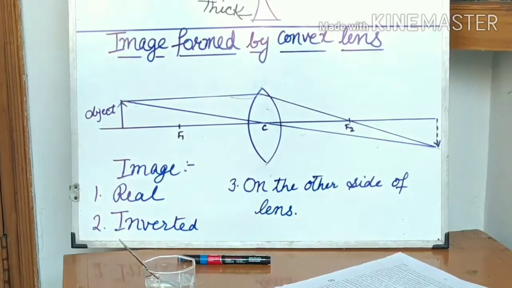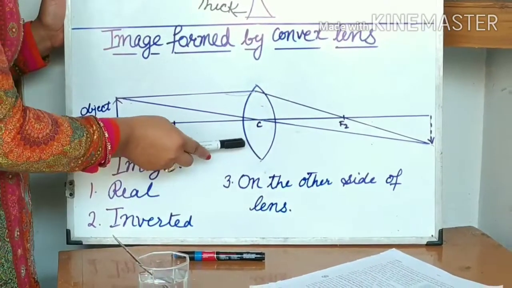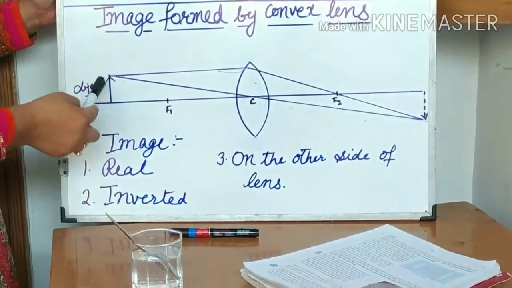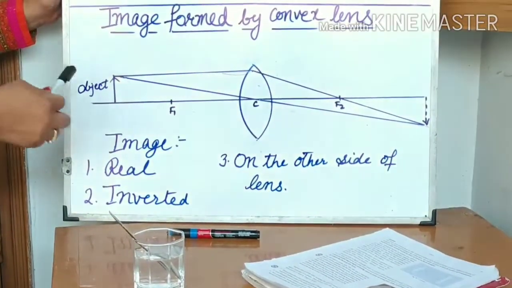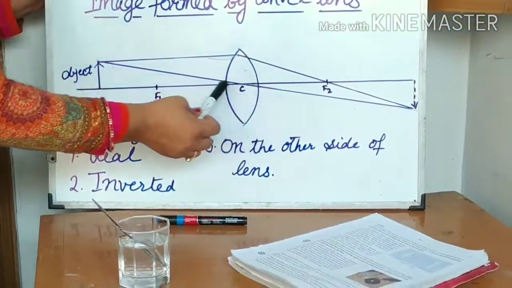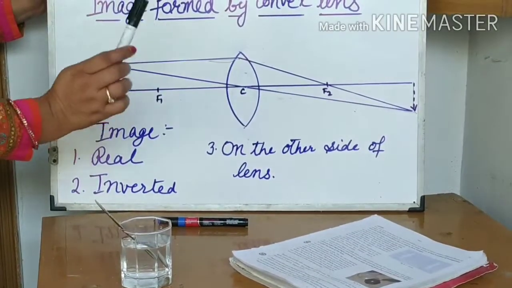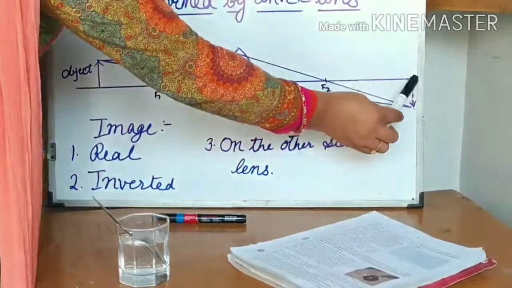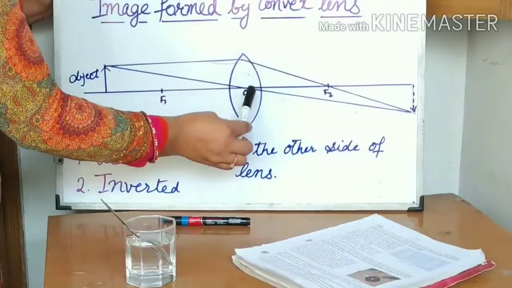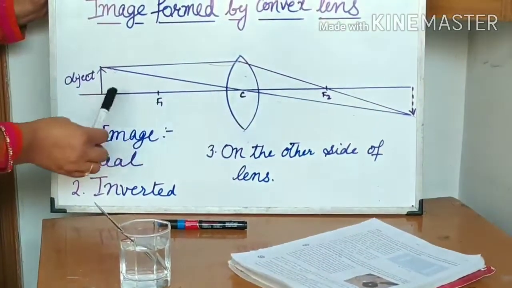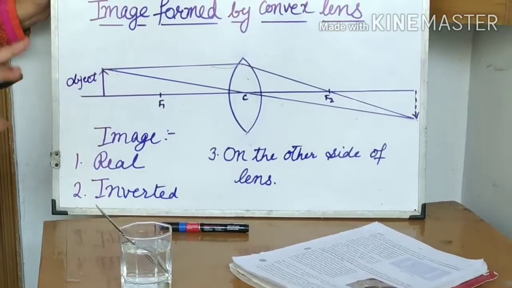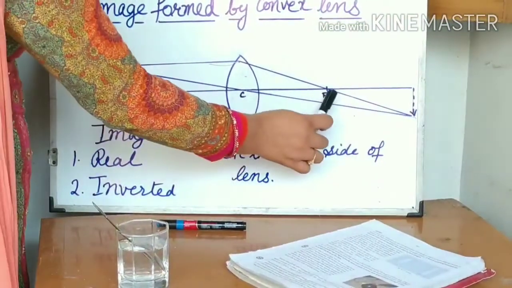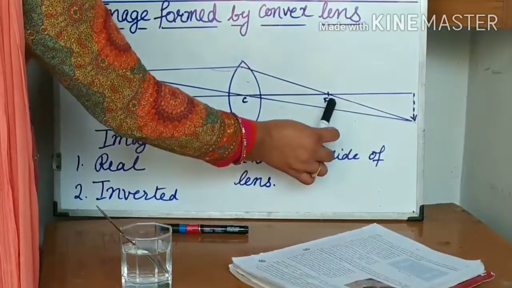Now we will see the images formed by a convex lens. Now let's see. I have taken a convex lens here and there is one object. Now we are taking two rays. The first ray we always take parallel to the principal axis. See here, it is the principal axis. This is the optical center, and the lens always has two focus points, focus 1 and focus 2, F1 and F2.